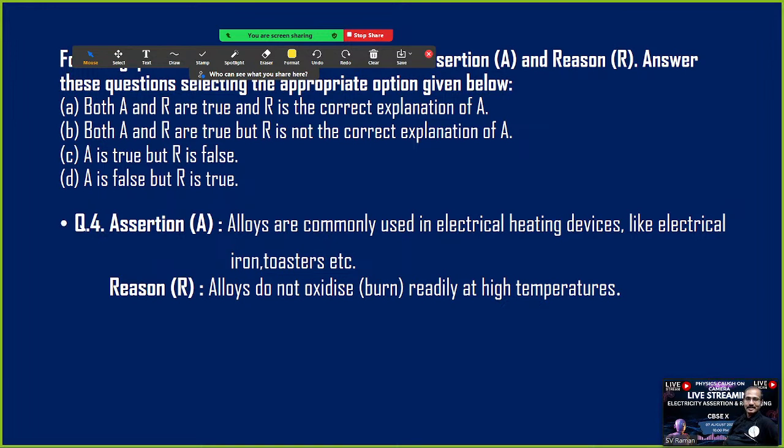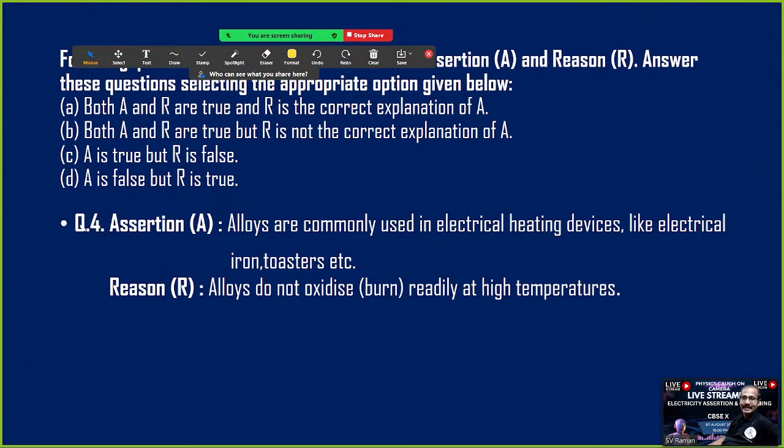Yes, audience, choose your option. One of the audience is saying option B. Option B. The reason behind it: why is the reason not the correct explanation, and what is the correct explanation?